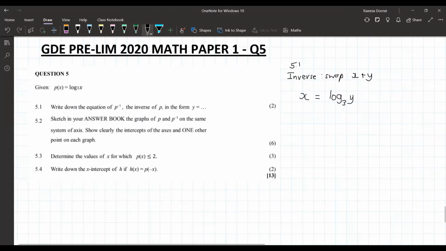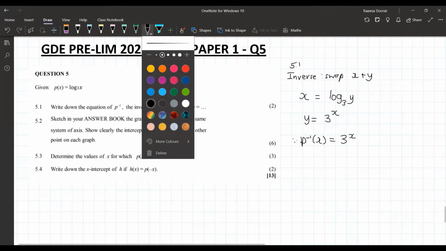Whatever's on this side becomes the subject. The base of the log is the base of the exponent, and what's on the other side becomes the exponent. So then y is equal to 3 to the power of x. So therefore, p inverse of x is equal to 3 to the power of x.